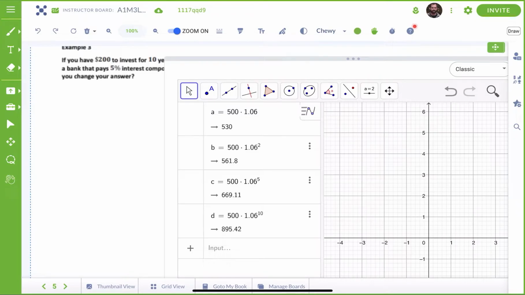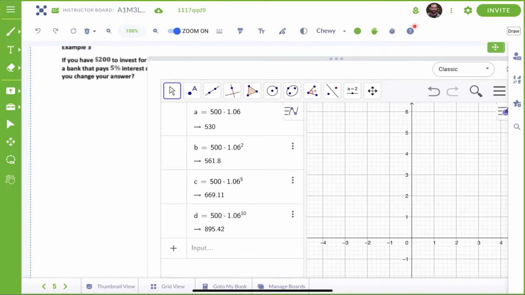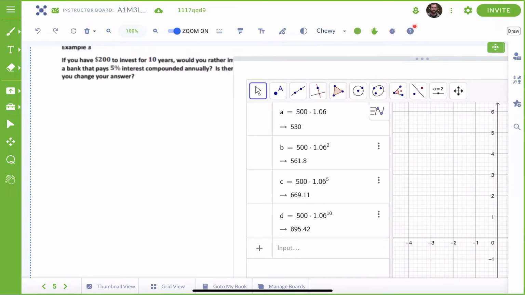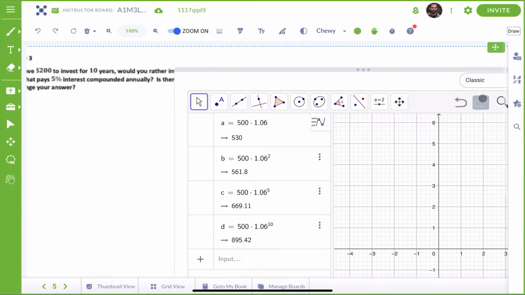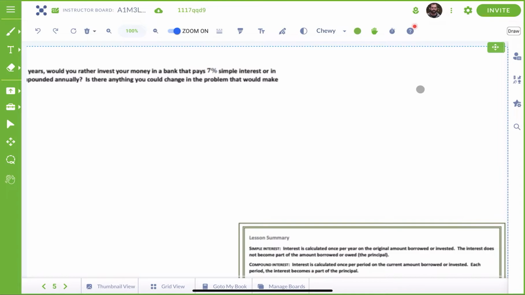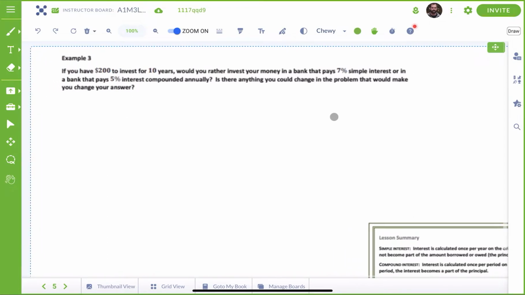All right, let's look at page 5. Exit off of this. And it says, if you have $200 to invest for 10 years, would you rather invest your money in a bank that pays 7% interest or a bank that pays 5% interest compounded annually?